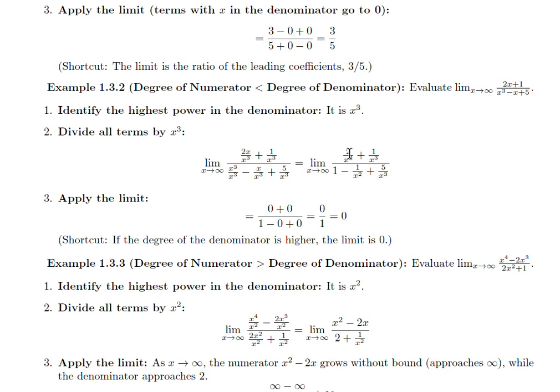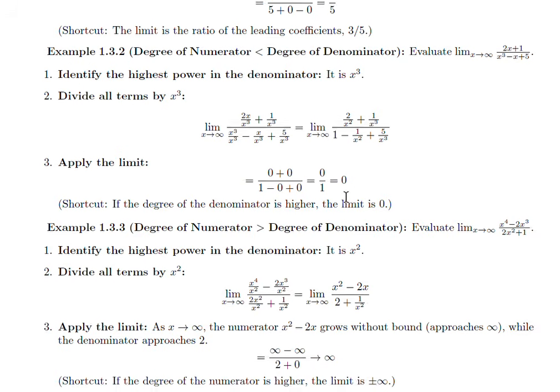Divide the numerator by x cubed, divide the denominator by x cubed. We have a new function: limit as x tends to infinity, 2 over x squared plus 1 over x cubed, over 1 minus 1 over x squared plus 5 over x cubed.